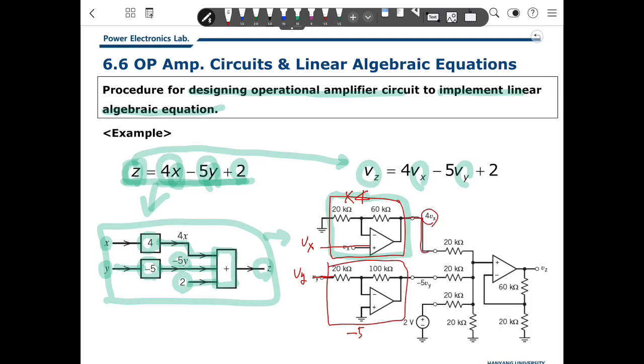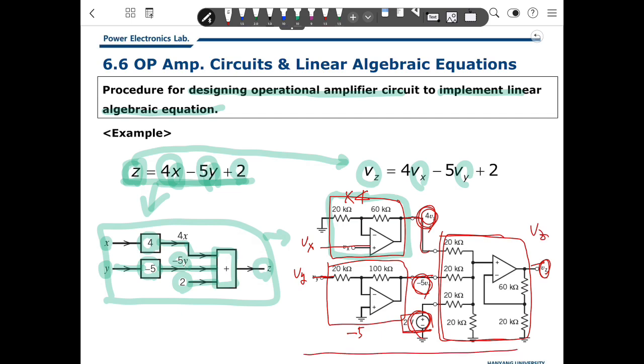Then there is 4 Vx, and this is minus 5 Vy, and we add the constant 2. Then this is a non-inverting summing amplifier. So those values are summed here, and the result is Vz. Using this, we can do that.